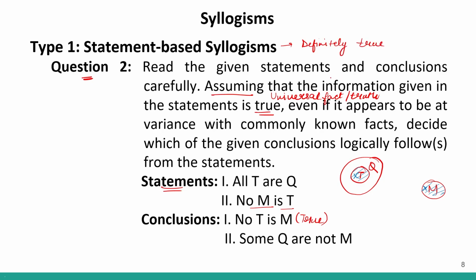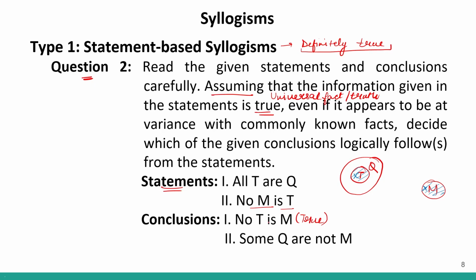We do not look at possibilities. If there is a possibility, it should be mentioned in the conclusion, like 'some Q are not M is a possibility'. Then we can tick it. If it is not mentioned as a possibility, we only take the ones that are definitely true or definitely false, depending on the question.